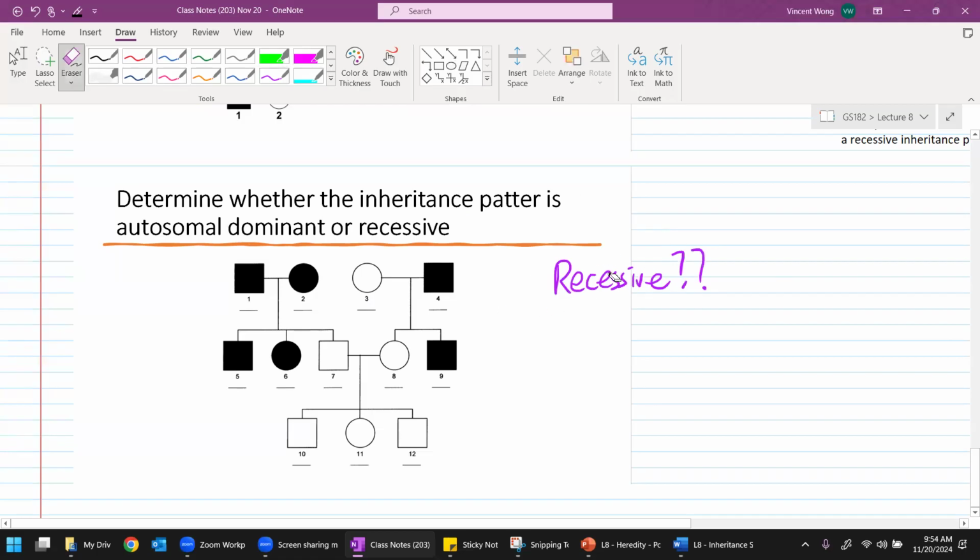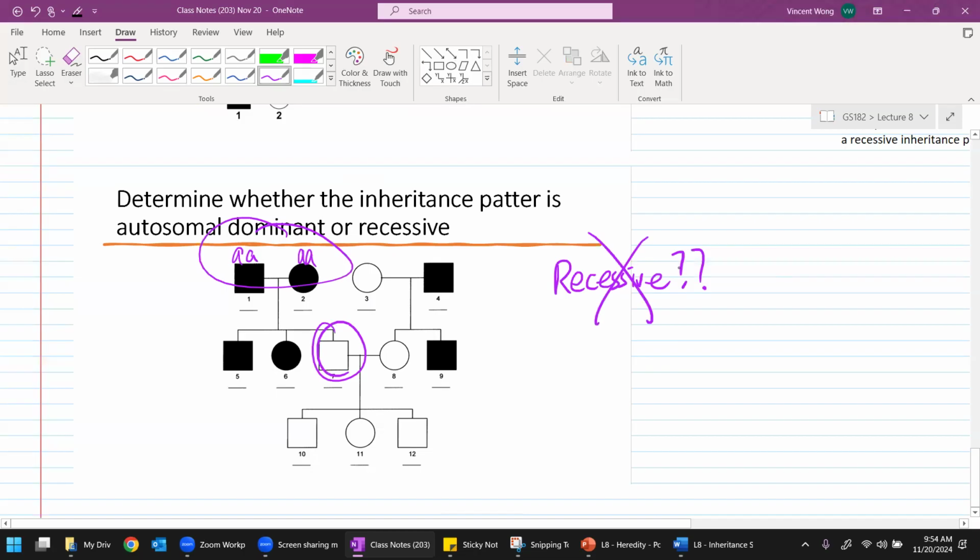If it's recessive, then what must this be? Again, we're using the letter A. Small a, right? We all agree? Then how about the mom? Small a, right? If that's the case, what must happen for all the kids? All small a, right? But look, they have a son, and that's not small a. So it's not recessive.